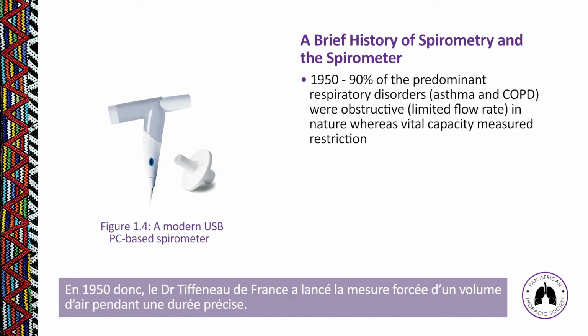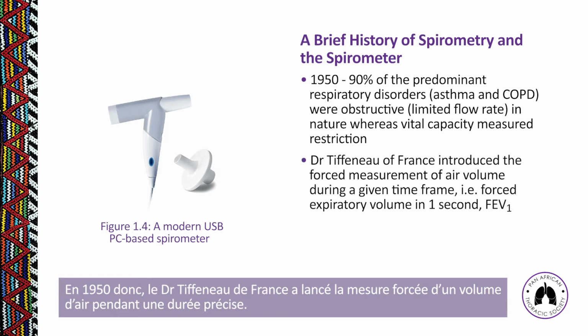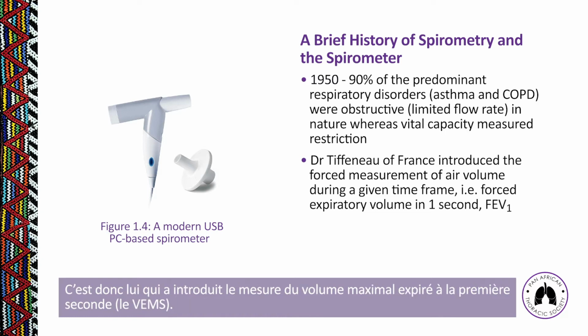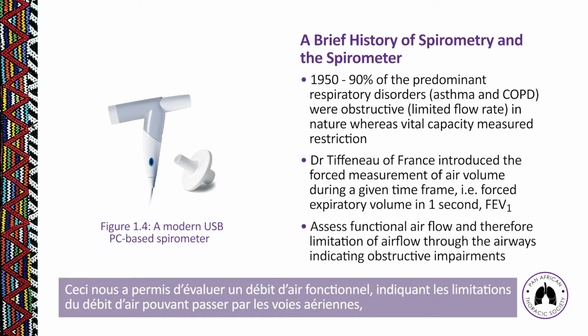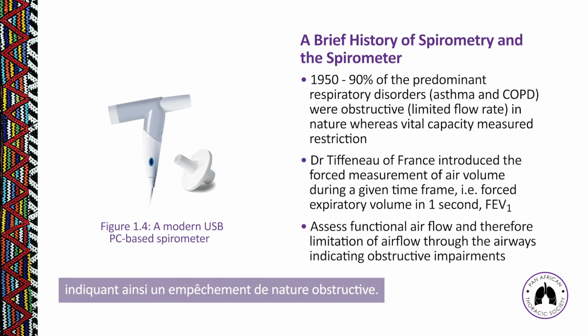So in 1950, Dr. Tiffeneau of France introduced the forced measurement of air volume during a given time frame. So he was the person who brought in the forced expiratory volume in the first second, the FEV1, and the addition of this measurement gave us the ability to assess functional air flow and therefore limitation of air flow through the airways, which would indicate an obstructive impairment.